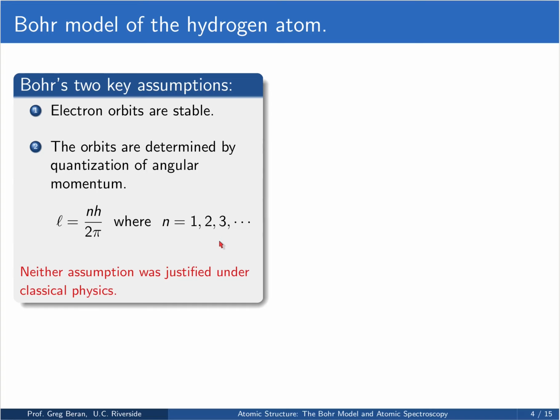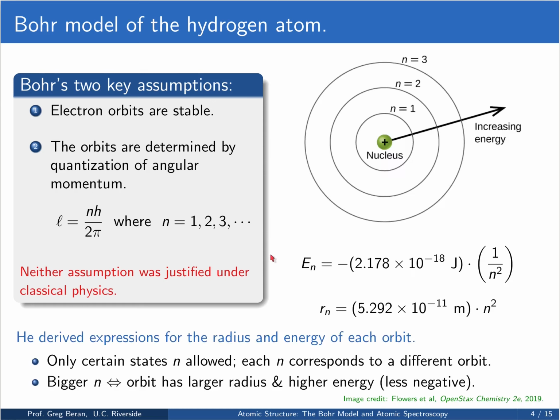Using these assumptions, he was able to derive a model that gave energies and radii for the different possible orbits. The energy of each orbit was given by negative this constant times 1 over n squared, and the radius of that orbit was given by a different constant times n squared.